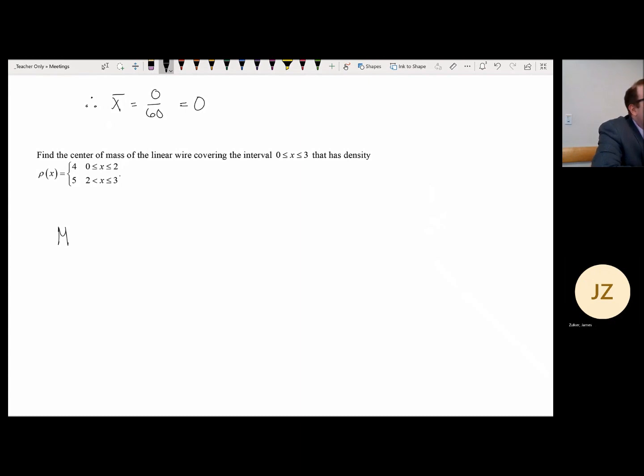Isn't this another one you could solve without integrals? You know, there has to be equal mass on both sides. The total mass adds up to like 13. Why does there have to be equal mass on both sides? Wait, never mind that. The densities are different.